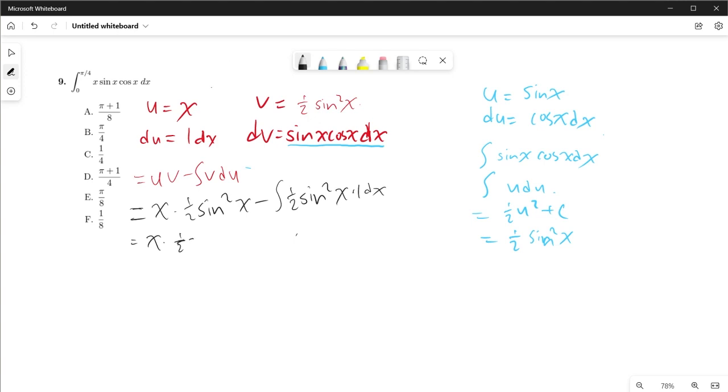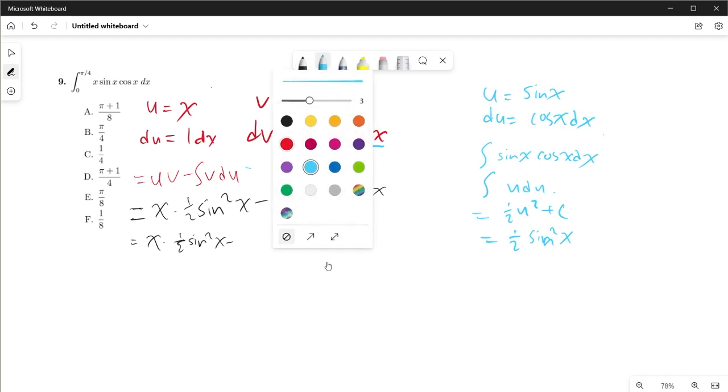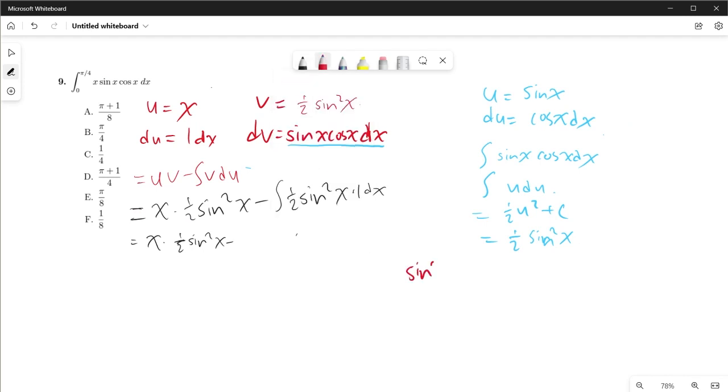I'm going to leave the first term for now and solve the integral. So we have 1/2 integral of sine squared x, which you could solve using the half angle formula. The half angle formula is sine squared theta equals 1 minus cosine 2 theta over 2. I can sub that in, taking the 1/2 out of the integral first.